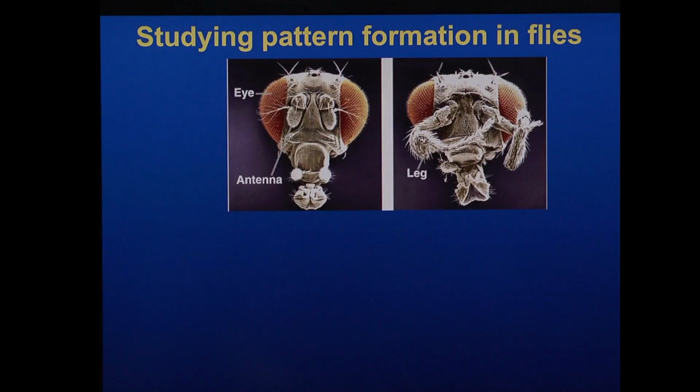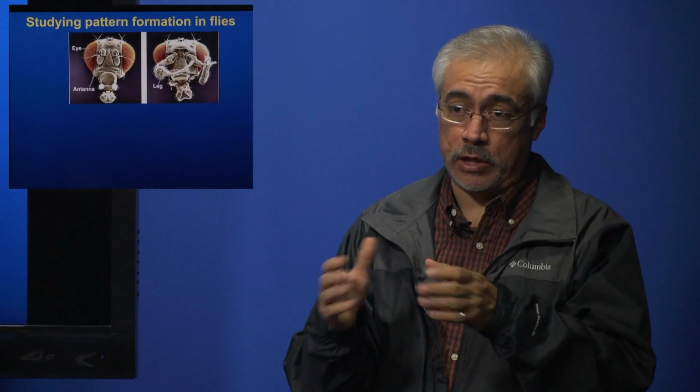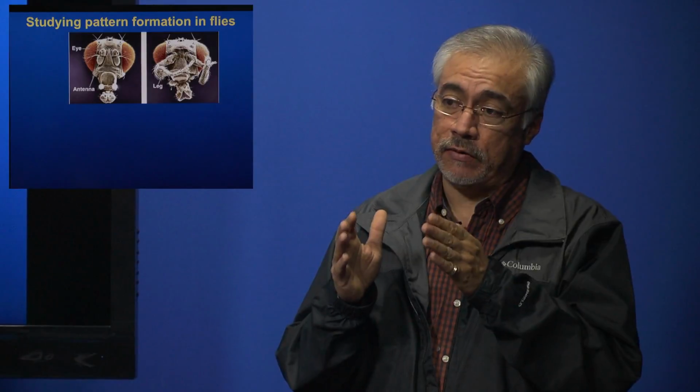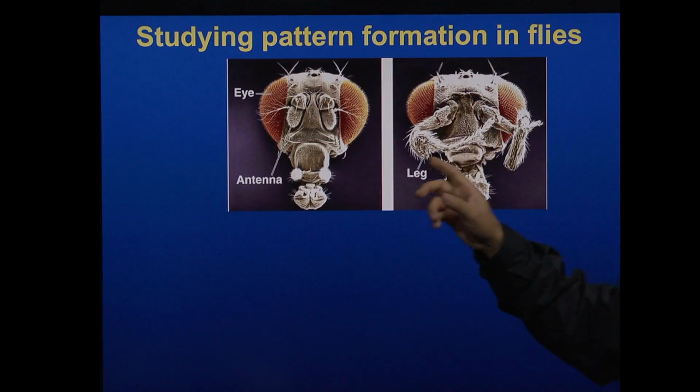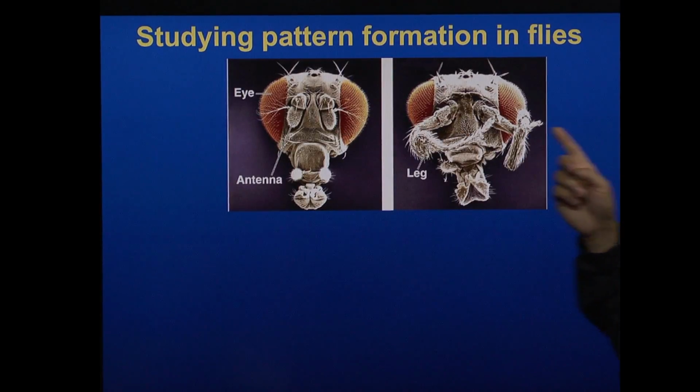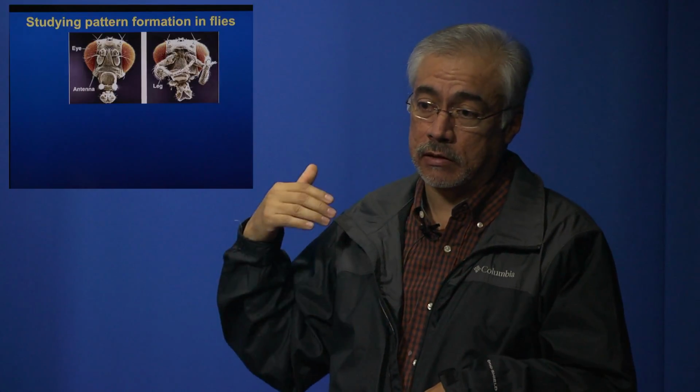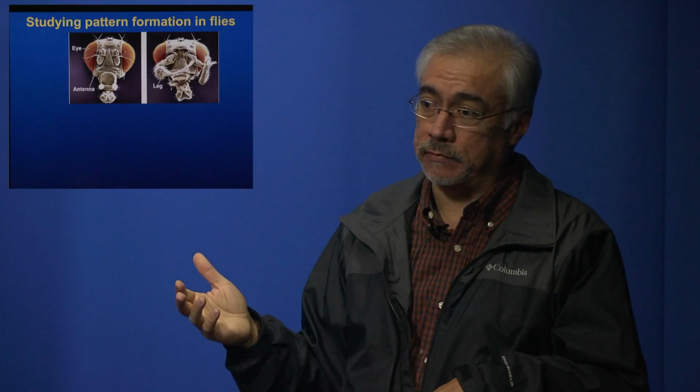In this case, someone just activated a gene that was thought to be regulating the formation of legs. They said this gene might be a master gene, the one that regulates the formation of the leg. Let's see if we activate that gene somewhere else, right? So by activating that gene in the antenna of the fly, now the antenna disappears, and instead of that, you get a leg, the fly legs, okay?